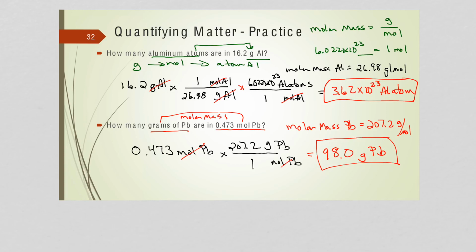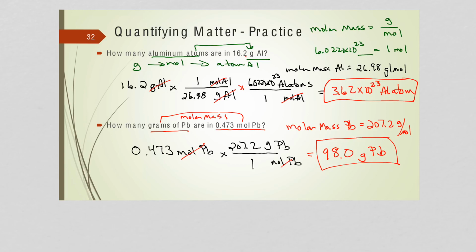And a quick note about significant figures. Typically, we will not use the molar masses to dictate significant figures. They aren't exact numbers, but typically our significant figures are going to be limited by the quantity that we start with, whether that's the grams of aluminum or the moles, not by the significant figures in your molar mass.